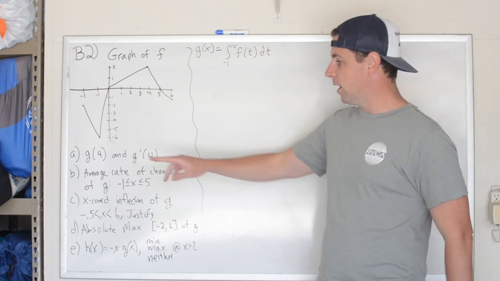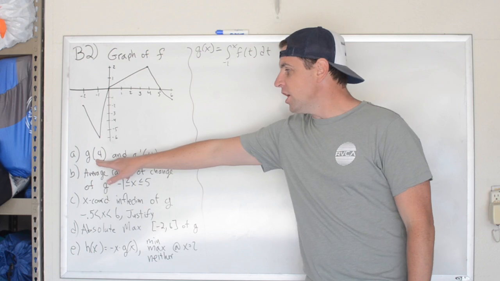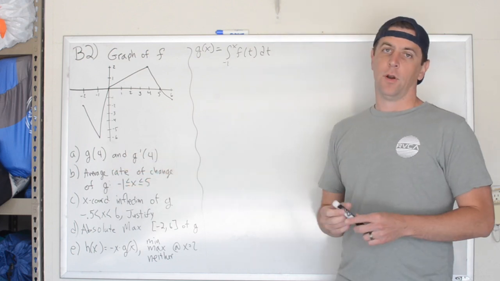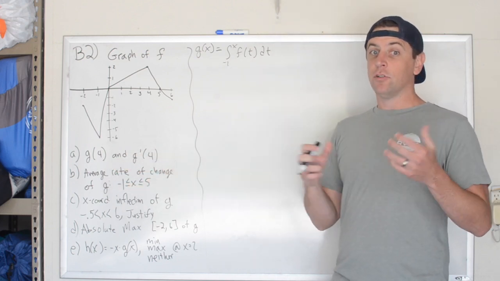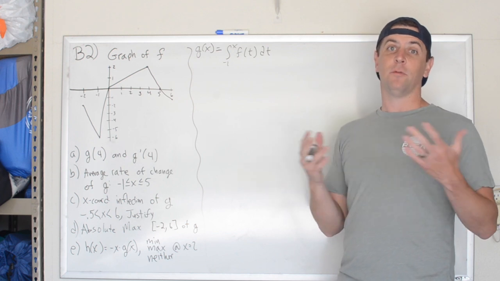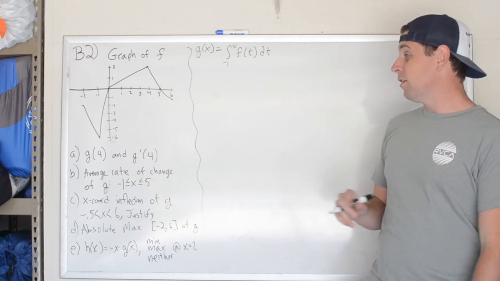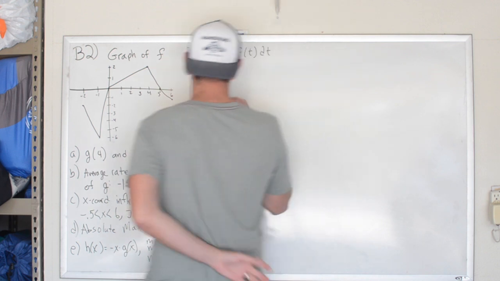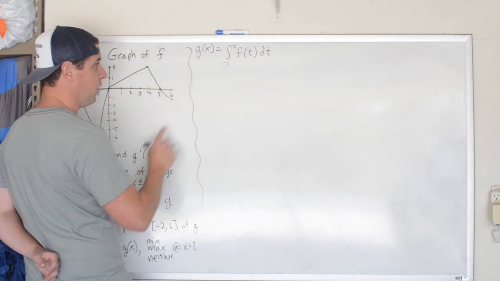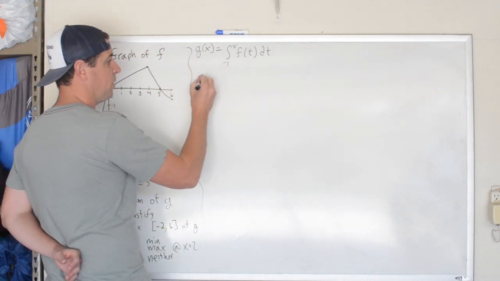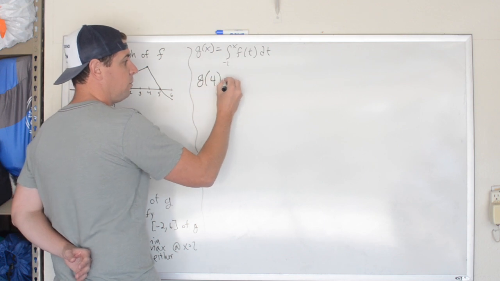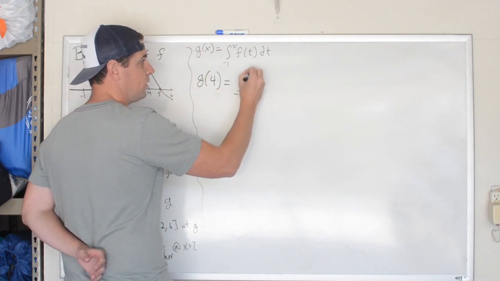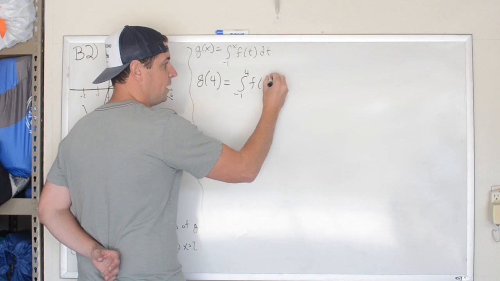Let's start here. On part A, we're going to do g of 4 and g prime of 4. Again, A is kind of like our intro here, which is nice that we have something we can do right away. Well, we're already going to find g of 4. What I'm going to do is just put 4 into my g of x function. g of 4 would be the integral from -1 to 4 of f of t dt.